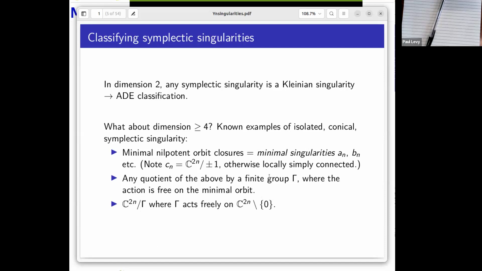And then going back to around 2007, I think it is, there's this paper of Ostrik, Malkin, and Vybornov, which looked at affine Grassmannians, and they found these singularities that they called quasi-minimal singularities.